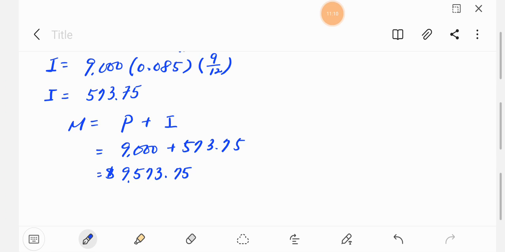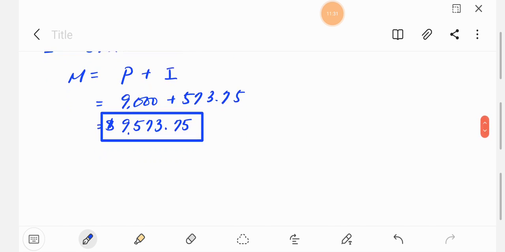That's the maturity value, right? Very simple, right? So the amount you owe to the bank is this amount, the maturity value, 9,573.75.